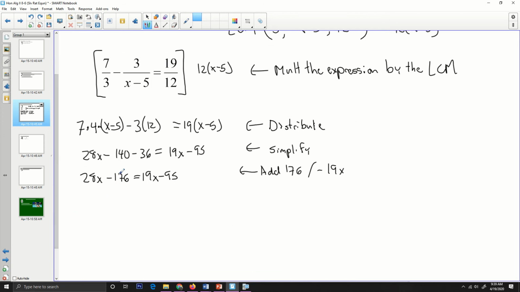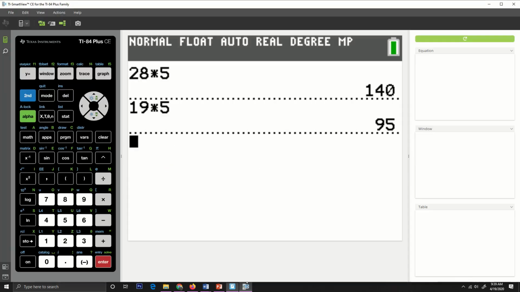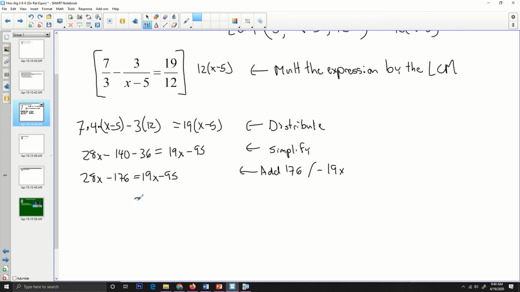So when I add 176 to this side, that'll cancel that out, and I'll have negative 95 plus positive 176, which gives me 81. And then when I subtract 19 from 28, I'll have 9x. And so here I'm just going to divide by 9, and that'll give me x equals 9.